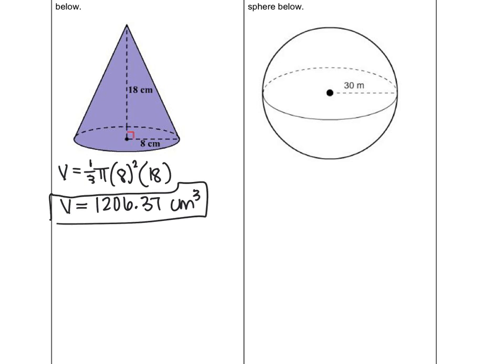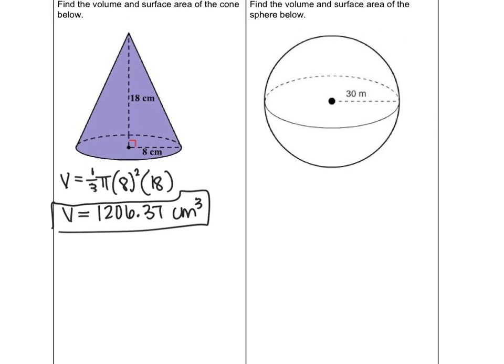Now, in order to find the surface area of a cone, I have to know the slant height, L. So to solve for the slant height, I'm first going to use the Pythagorean theorem. So 8 squared plus 18 squared equals L squared. So 64 plus, and then 18 squared is 324.